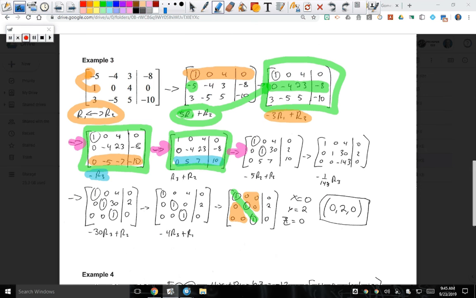Here we go. I'm going to do a negative 5 row 2, add it with row 3, will now get me this. So the next matrix, running answer, is this. So on and so forth, all the way until you get to 0, 2, 0.